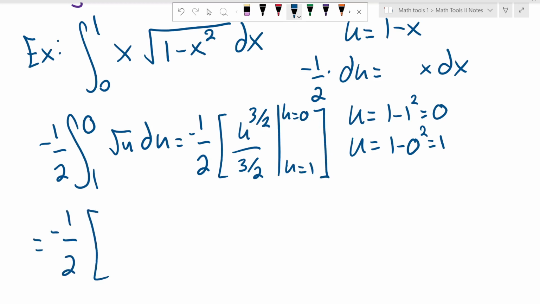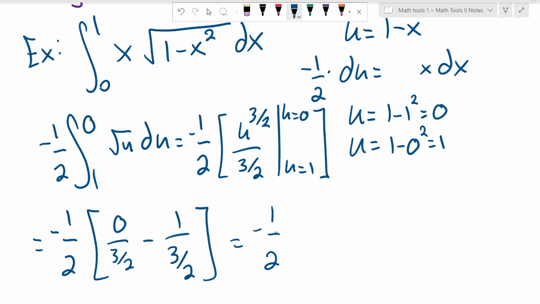So negative 1/2, 0 over 3/2. I mean, you could just write 0 minus 1 to the 3/2, which is just 1 over 3/2. Okay. So this is ultimately going to be negative 1/2 times negative 2/3.